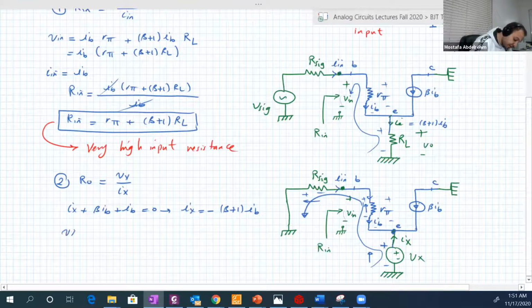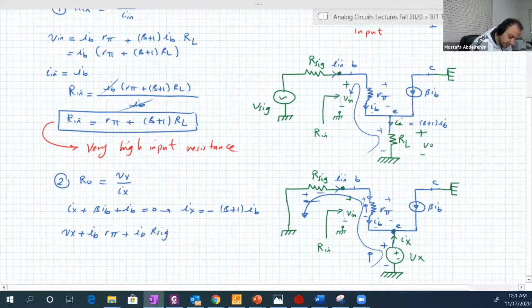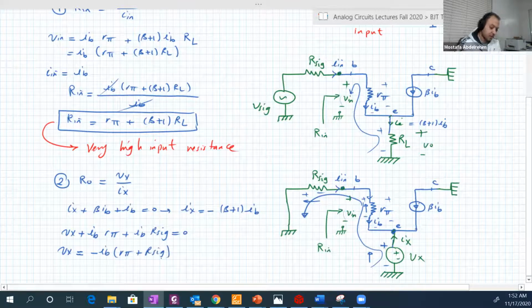So Vx plus the voltage across R pi, which is IB R pi, plus the voltage across R signal, which is again IB R signal, equals 0. So Vx is equal to minus IB (R pi plus R signal). Good.